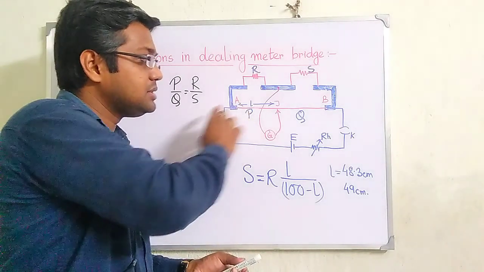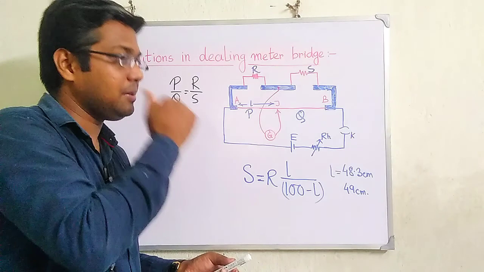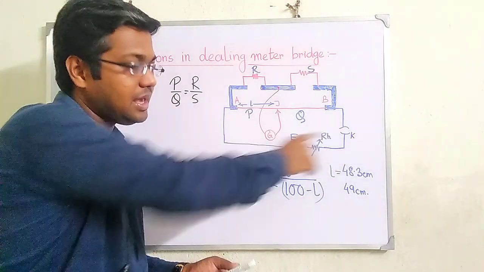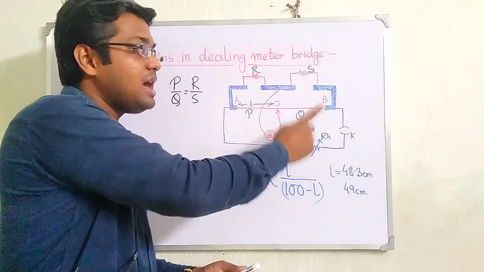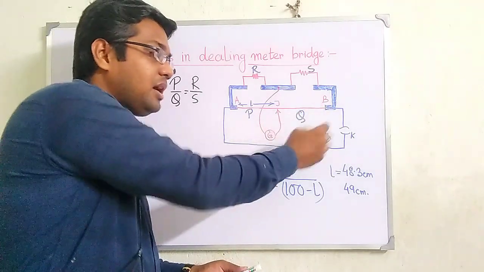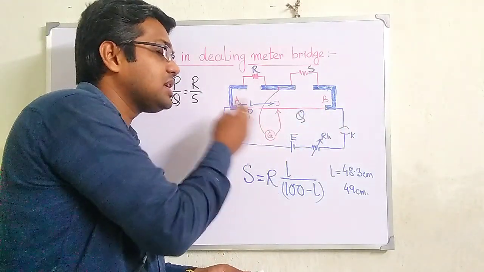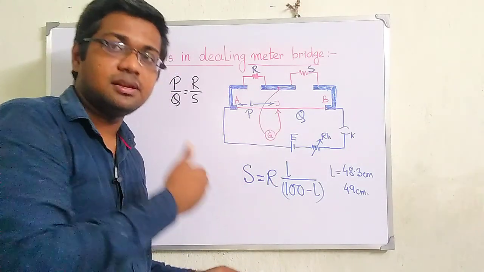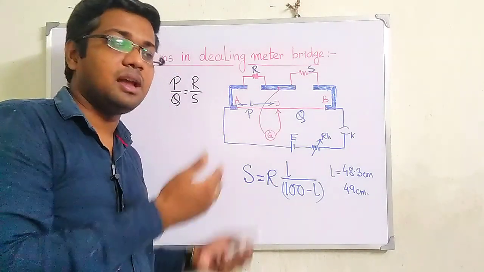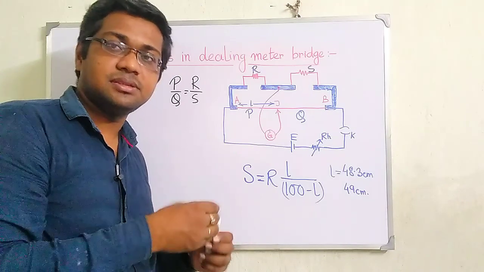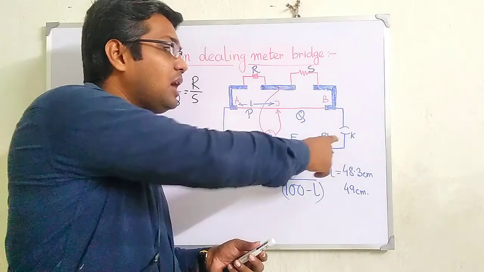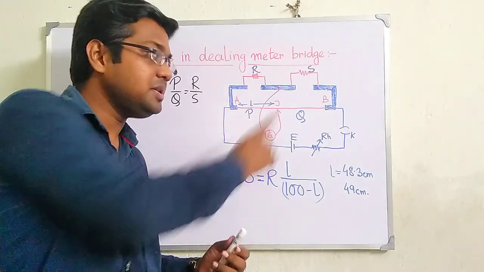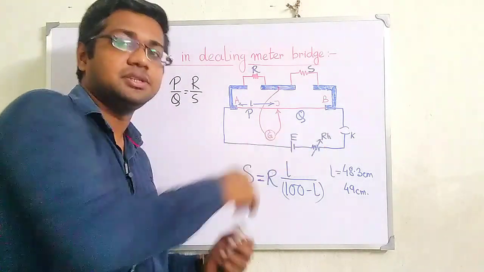When we operate this circuit, there is a key, capital K. You plug in the key, take the readings one after another, note them down, and after that do the calculations. But one thing we forget is to unplug the key to terminate the circuit connection.